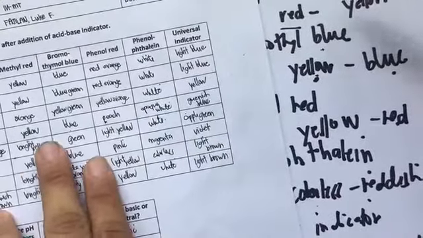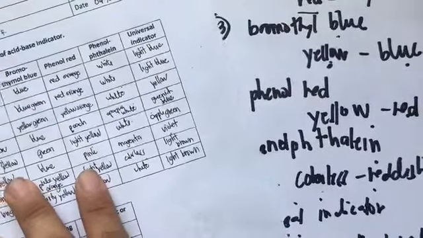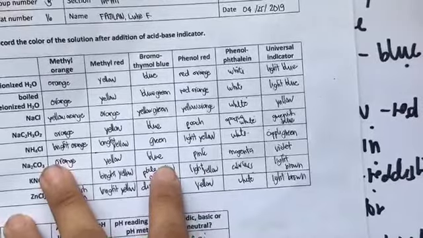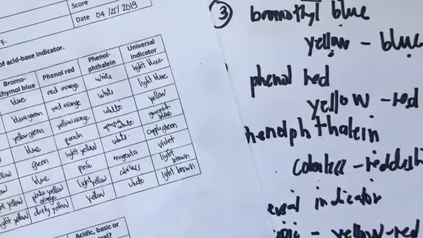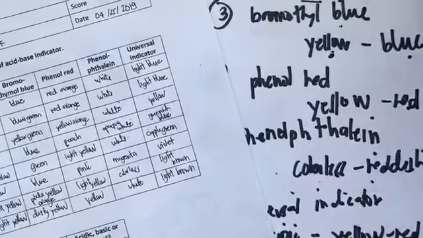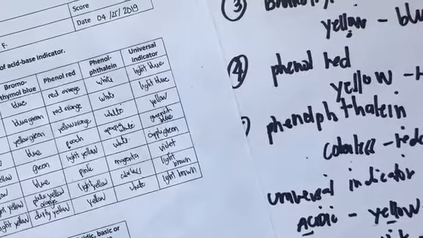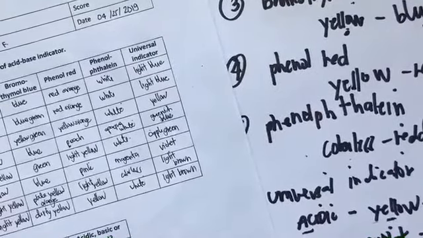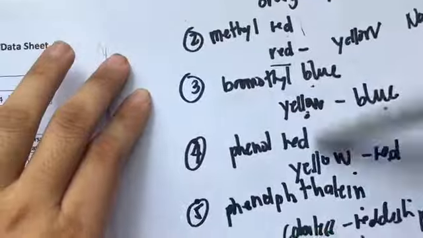Here, methyl red turned yellow. With ammonium chloride, it is bright yellow, and in methyl orange it is bright orange, which coincides with this. So if you know whether it will be acidic, basic, or neutral, then you can predict its color, because these are its only color ranges.